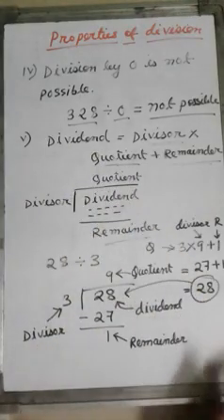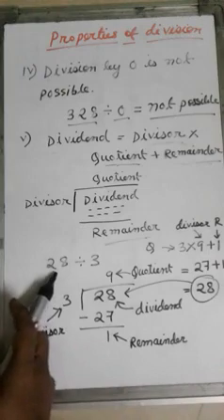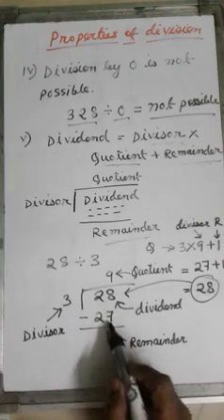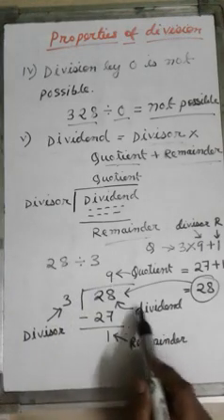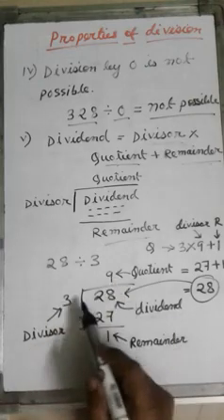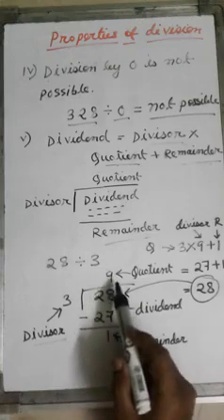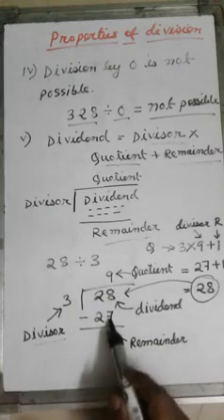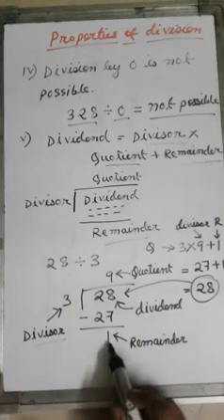I am taking one example, a very small division sum. 28 is divided by 3. Here 28 is dividend, 3 is divisor. So if I divide 28 by 3, 3 into 9 is 27. If I subtract 27 from 28, I get 1.